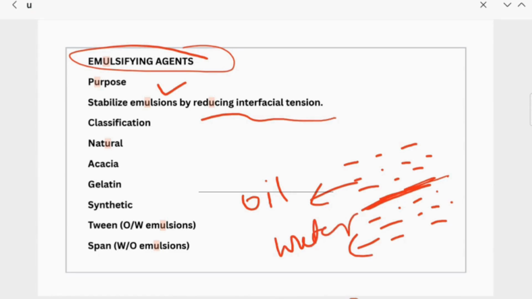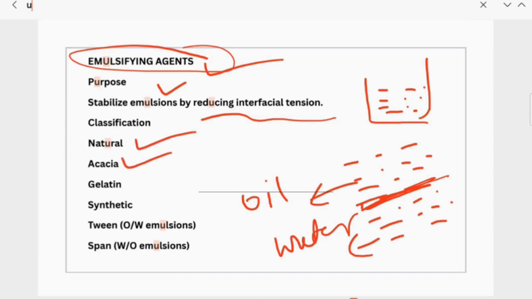They are immiscible liquids. To make them miscible and to achieve a single phase, we use what? These emulsifying agents. There are various types of emulsifying agents like natural ones, acacia and gelatin, and synthetic ones also available, like Tween and Span.